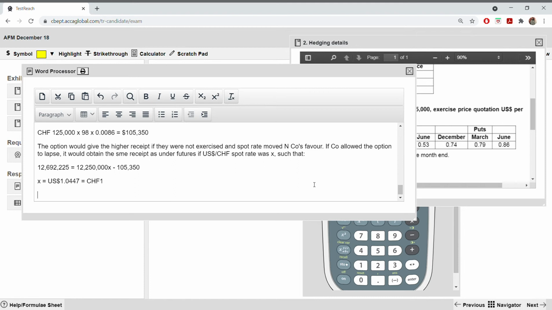If you are using the other future, which was 12,688,550, just wait a minute. Yes, which was 12,688,550, then X will be 1.0444. Okay, X equal to 1.0444. So this rate and this one.